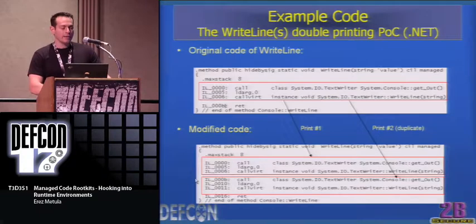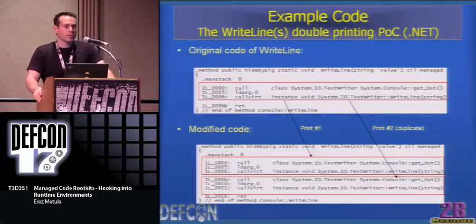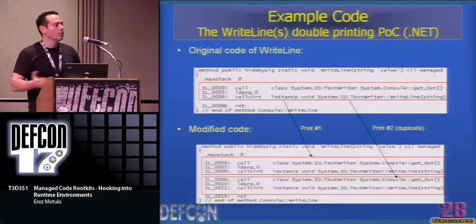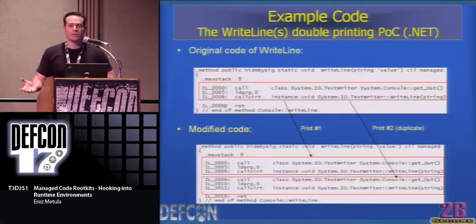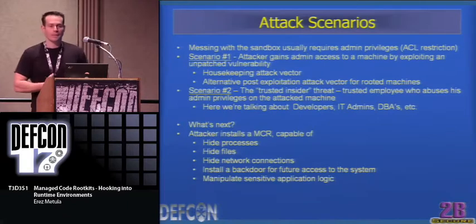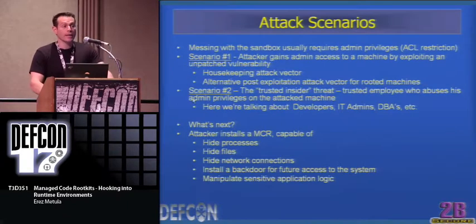But in the second scenario, we're talking about the trusted insider. This is one of the major problems that we're facing today in security: those are the people who already have access to the system. We're talking about IT managers, developers, DBAs. Those guys already have administrator level access. They don't have to steal this access, right? So they can take advantage of it and probably install a malicious runtime.